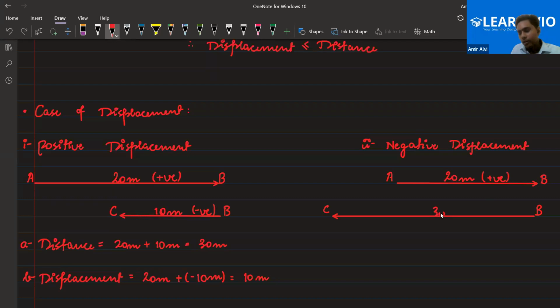And this is 30 meters, but it is in the leftward direction, so this is negative.